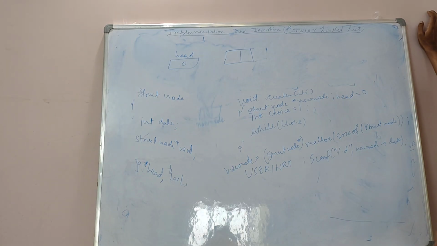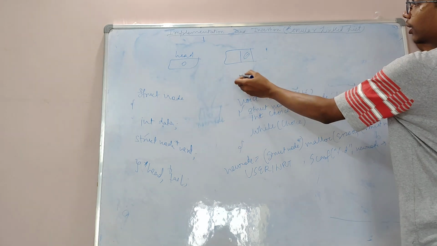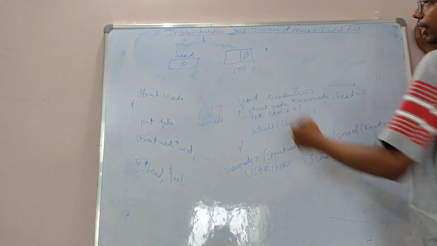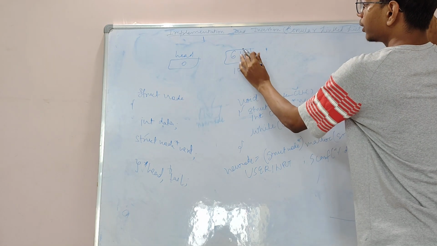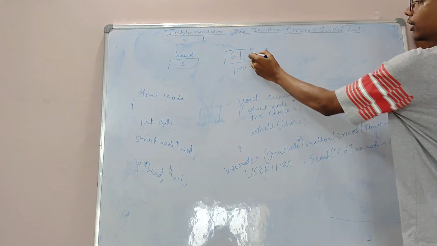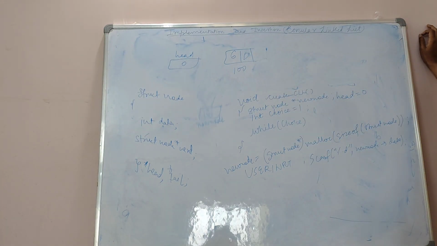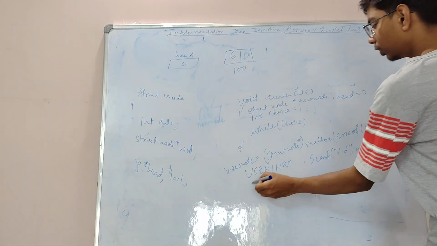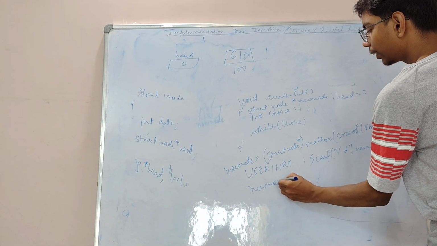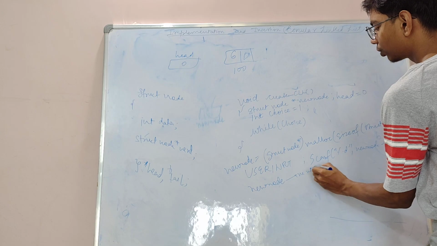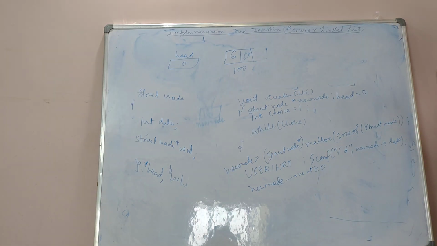Suppose user has entered 6, so he will store 6 here. Suppose the address is 100, right? Sorry, this is the data part. And for storing null, I will write here new node, the next part, I will store null here, right?